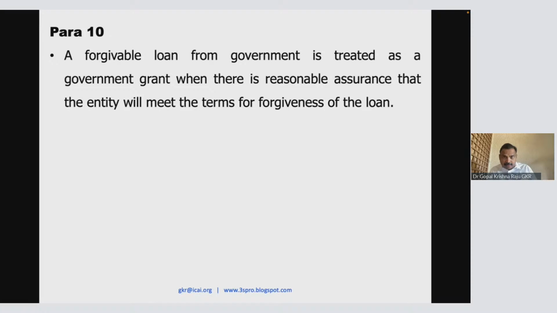He was the first to start this concept called forgivable loan, a loan that will be forgiven. Then our former Finance Minister Chidambaram announced a 60,000 crore loan waiver. VP Singh announced a 10,000 crore loan waiver. These are all classic examples of forgivable loans. A forgivable loan is a government grant.